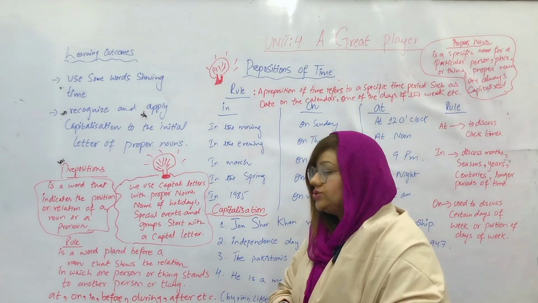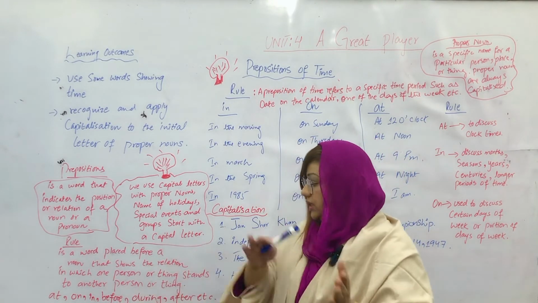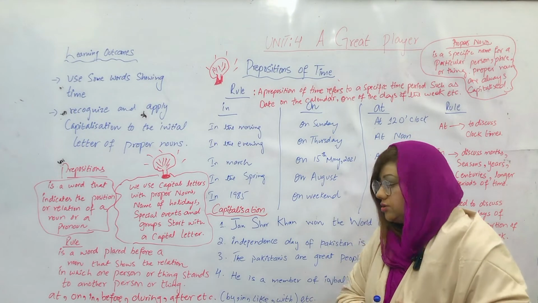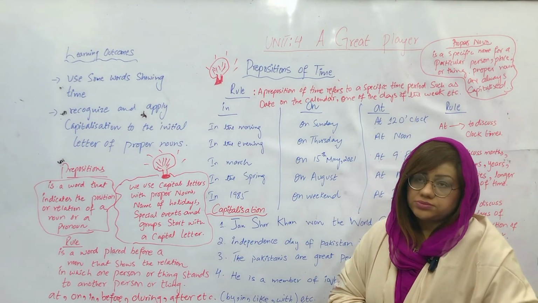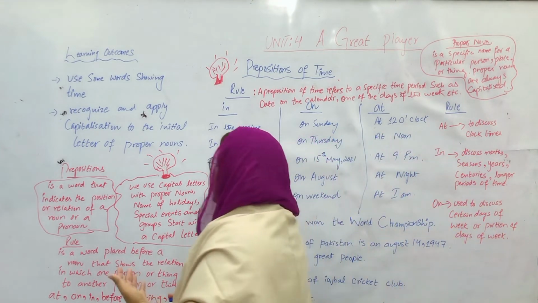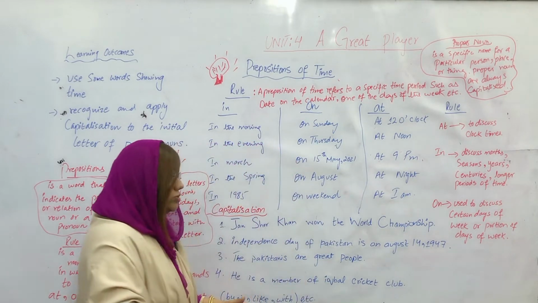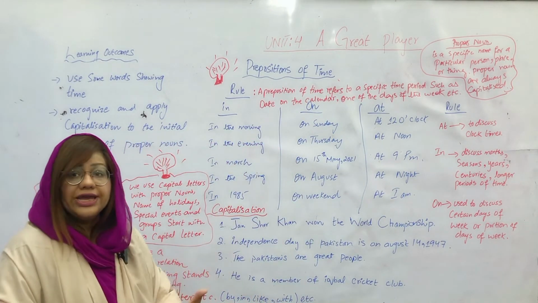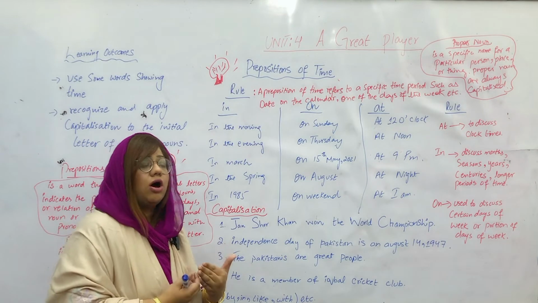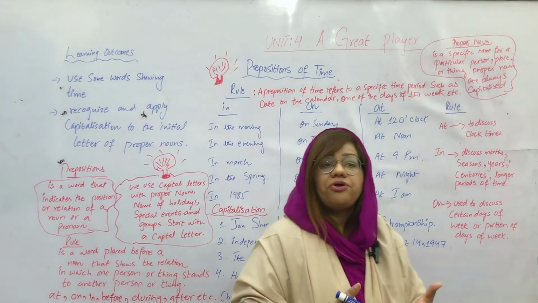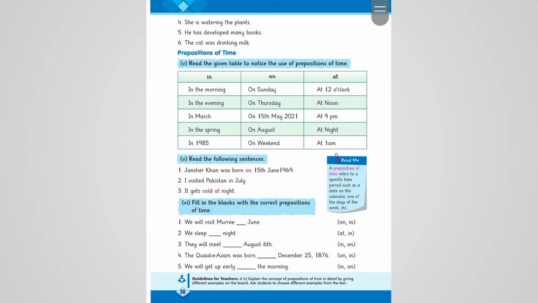For example, we use at, on, in, before, during, after. Some other things that we use are by, in, like, with. These are all forms of prepositions that we use.